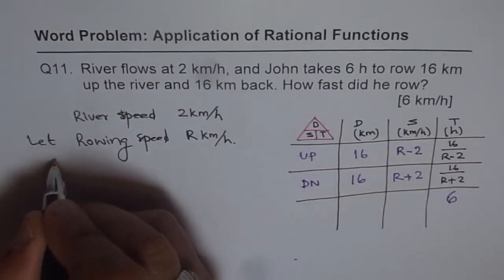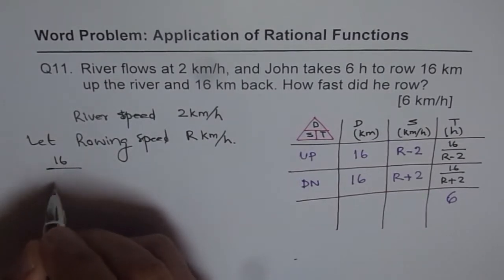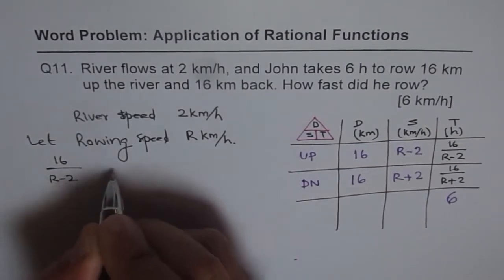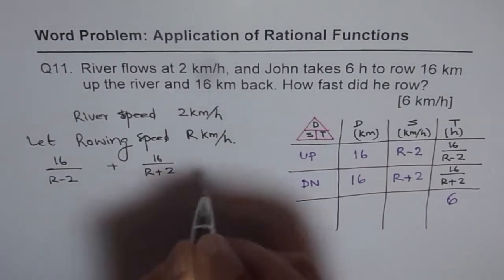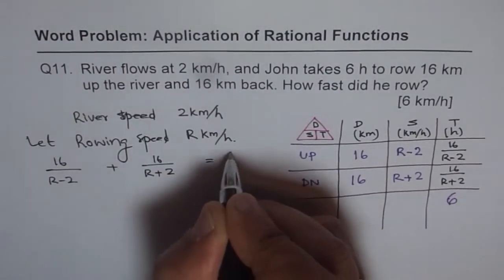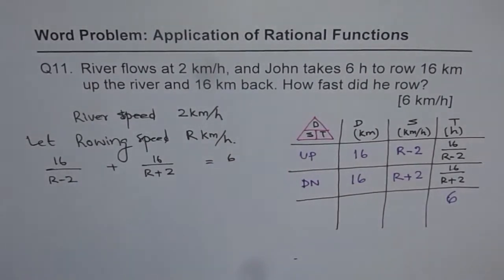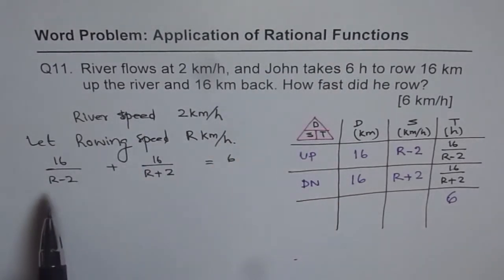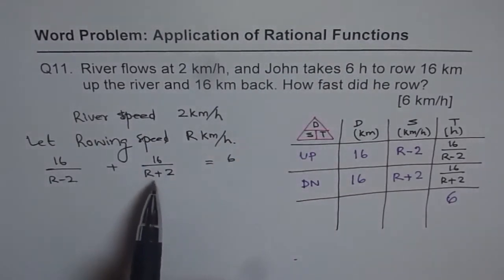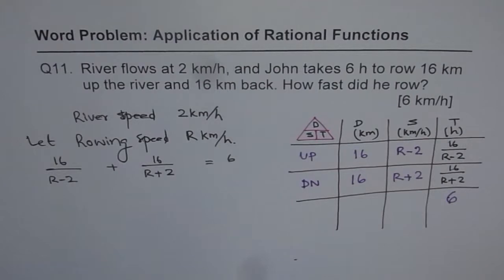So we'll write our equation: 16 over r minus 2 plus 16 over r plus 2 is equal to 6. Most distance-time relations will end up something like this. You'll have two terms with a variable in the denominator, and that is why we are saying application of rational functions. That makes it rational, okay?